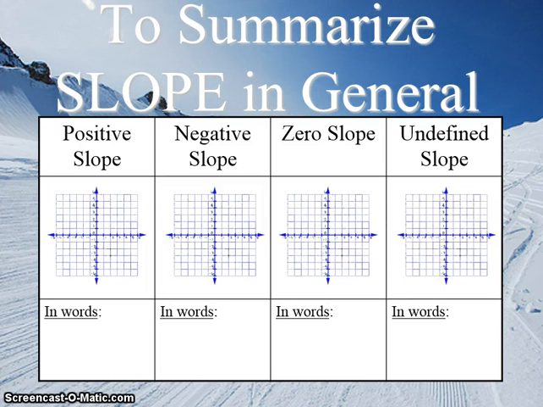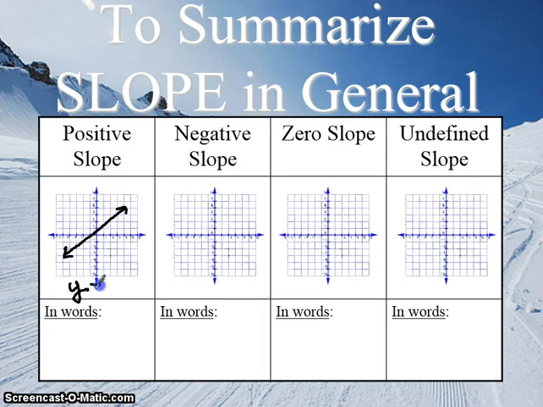Hello students, let's begin part 2 of this lesson by summarizing slopes in general. As we learned in part 1, there are 4 general types of slopes. Positive slopes go upward or increase as one increases, so does the other.